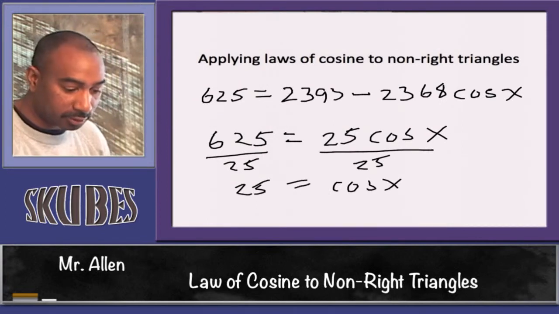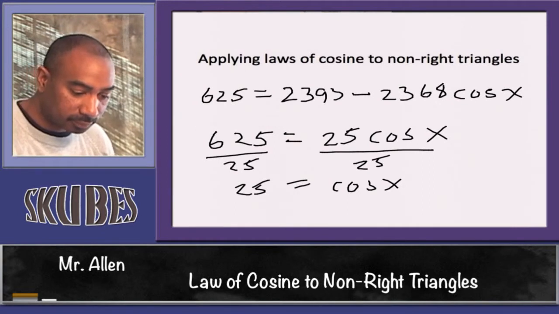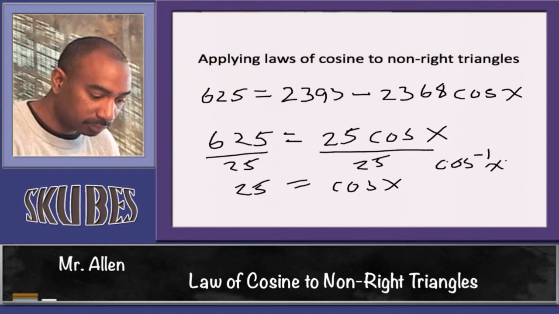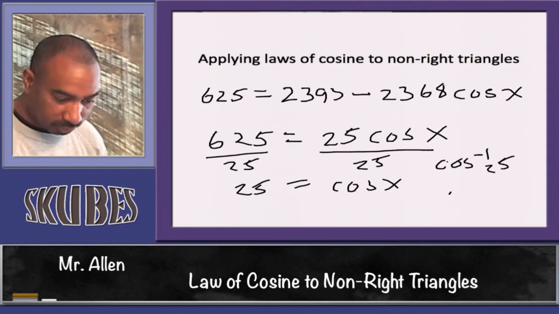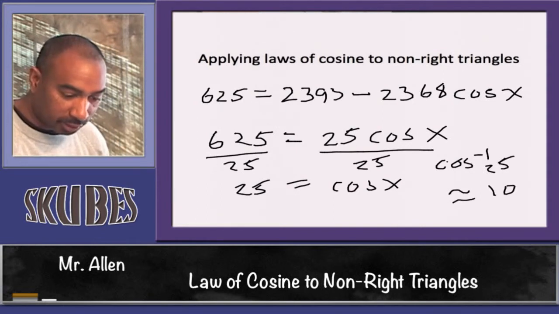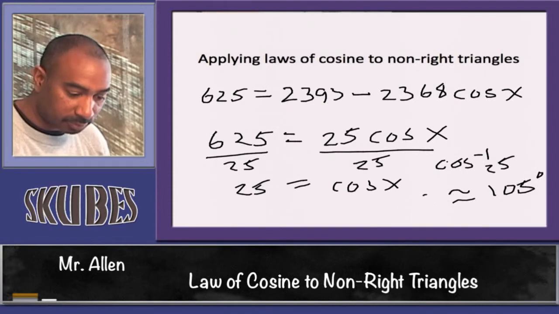But you've got to take the inverse of this, the inverse cosine of 25, which is going to be approximately 105. So x has to be 105.